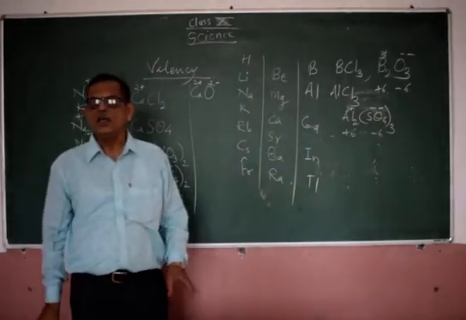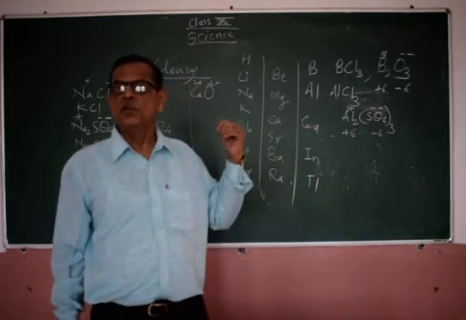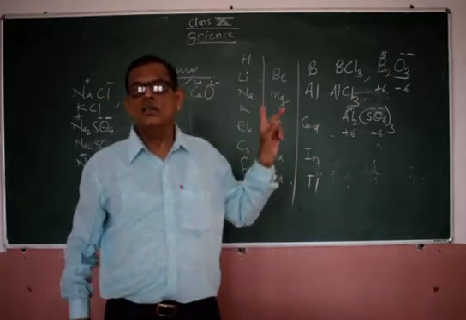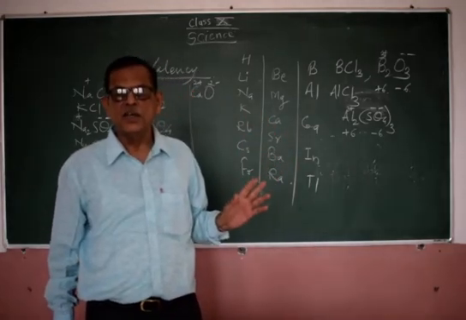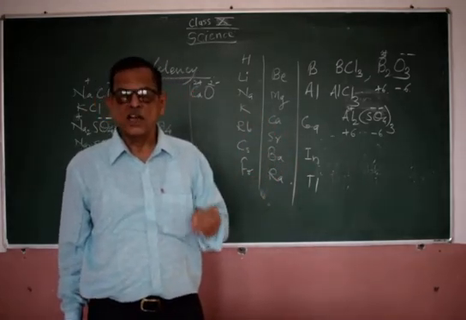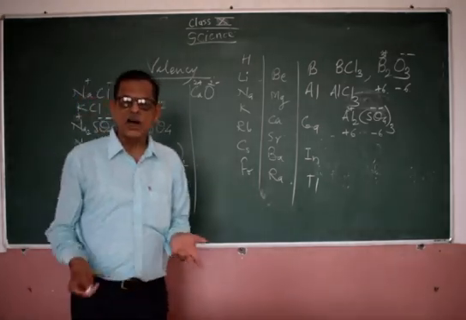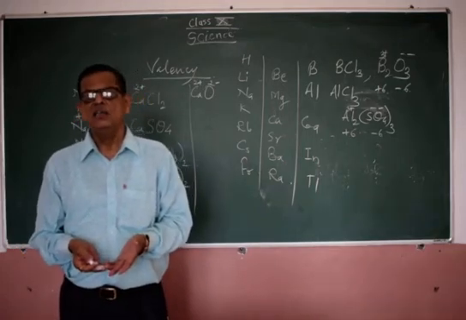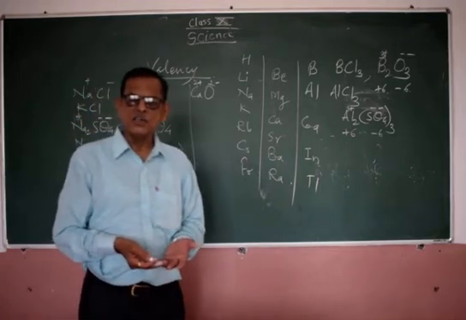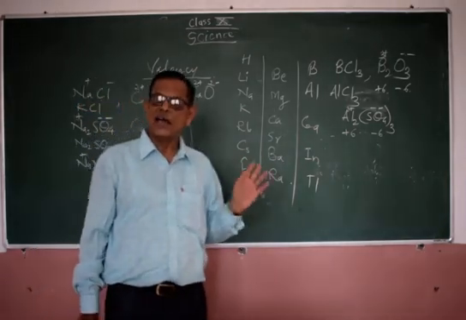So in this way, you learn by heart all these charges and valencies of the various elements, and you can say the charges on the various ions. You know an ion is either positively charged or negatively charged; the positively charged ion is called cation and the negatively charged ion is called anion.